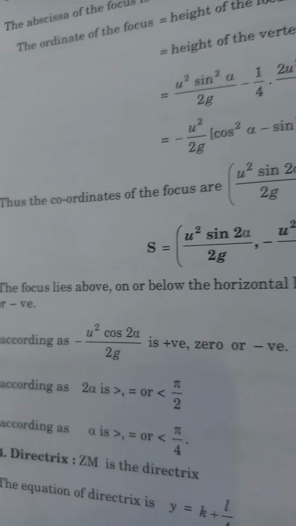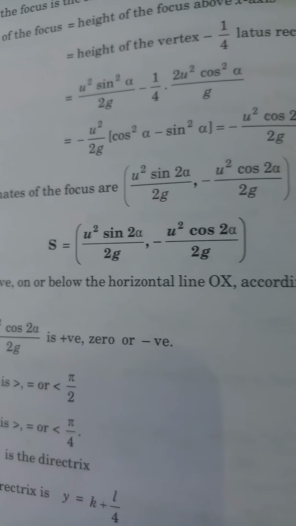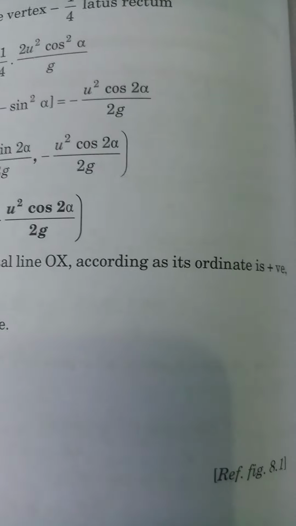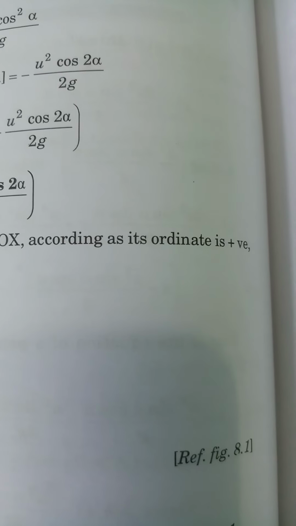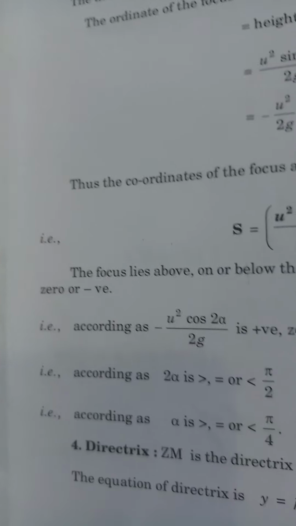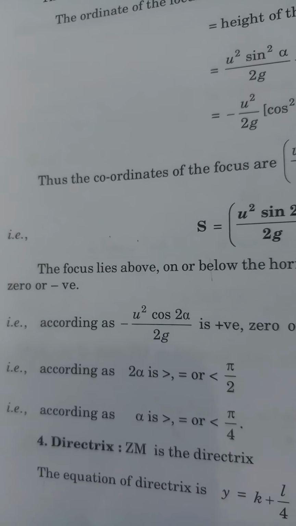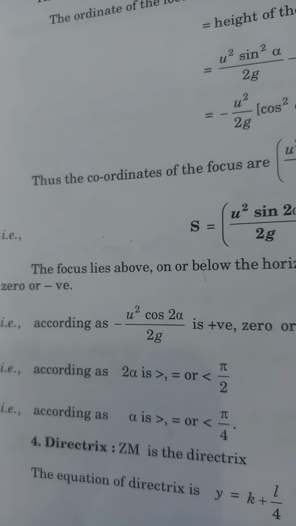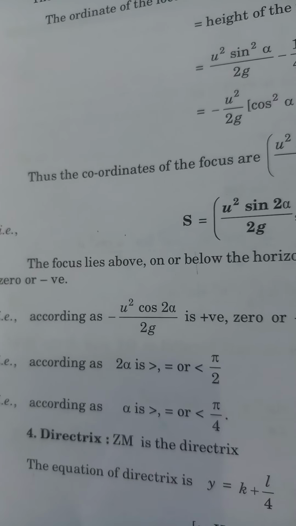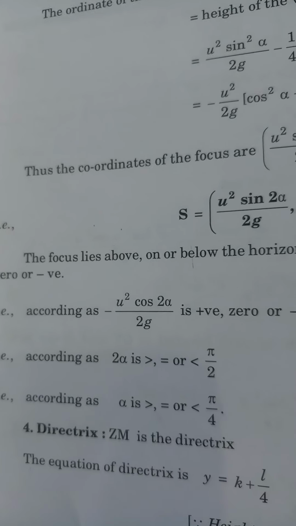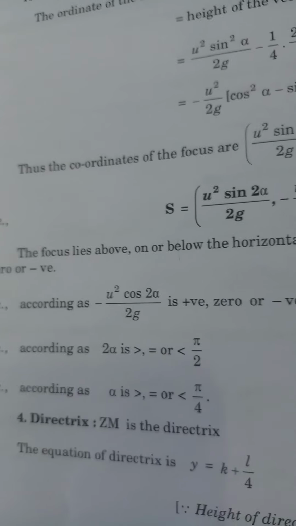The focus lies above, on, or below the horizontal line of x according as its ordinate is positive, zero or negative. If the ordinate is positive, the focus lies above; if the ordinate is 0, the focus lies on it; and if the ordinate is negative, the focus lies below.